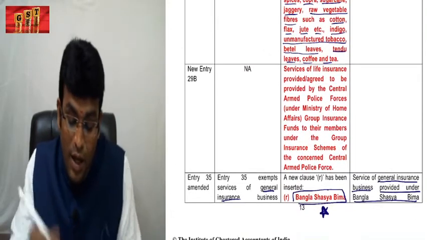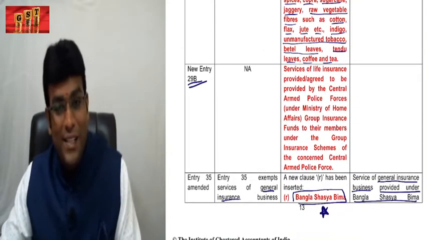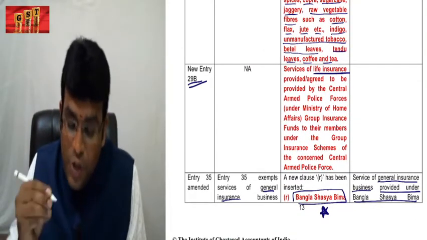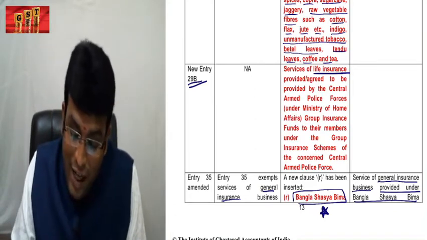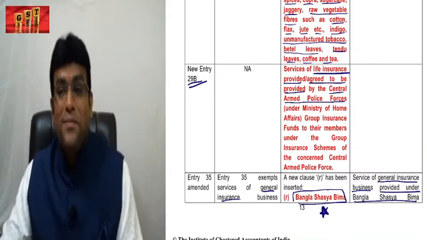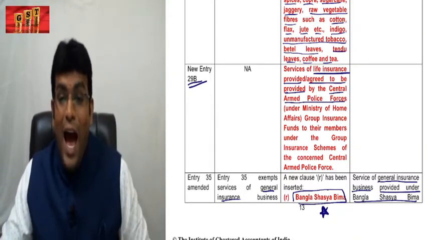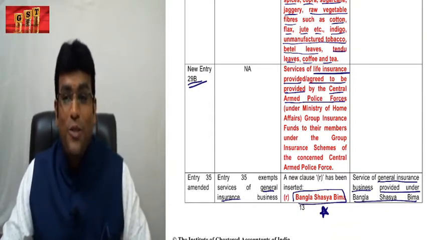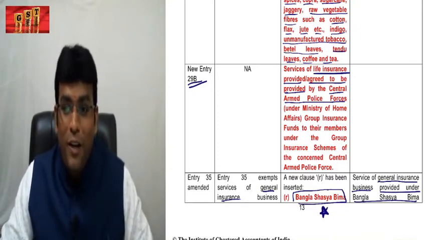Then, one last exemption point, please see that. Service of life insurance. Service of what, sir? Life insurance provided or agreed to be provided by the Central Armed Police Forces. Sir, when exemption was given for Army, Naval, they also thought exemption should be given even for Police Force. The Police Force is also very important for us.